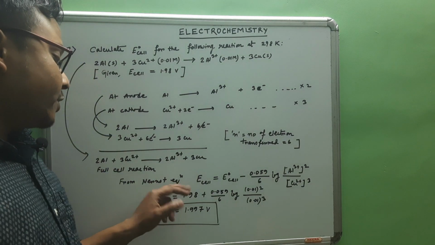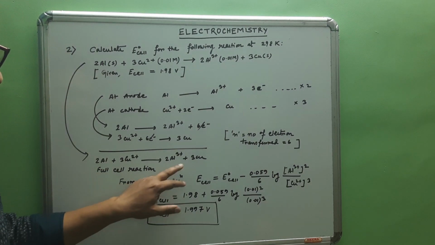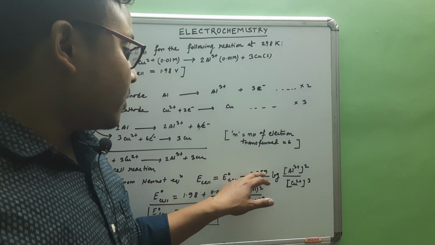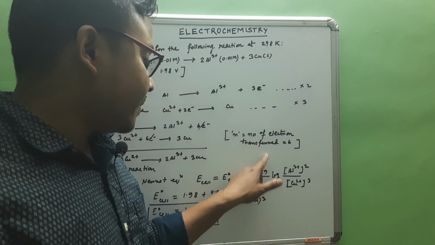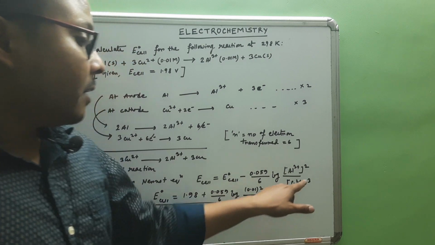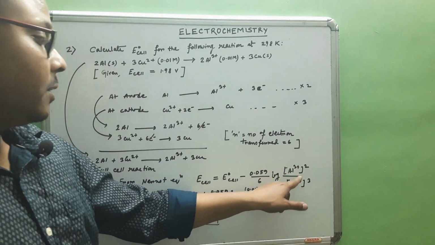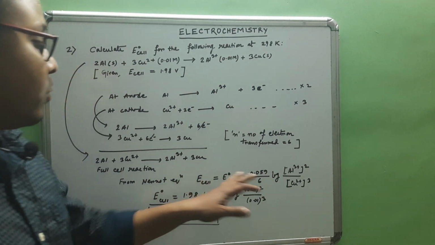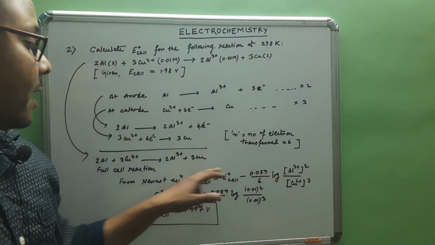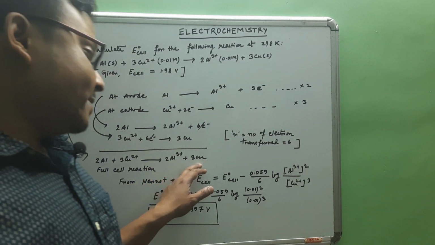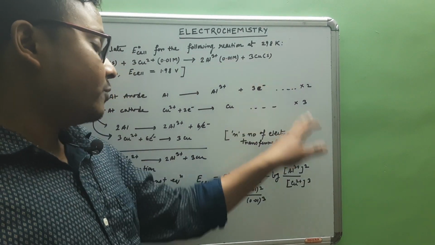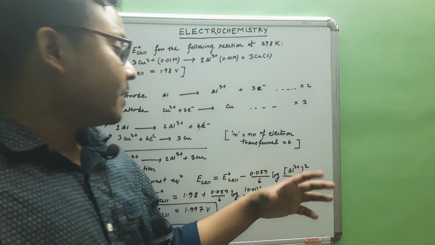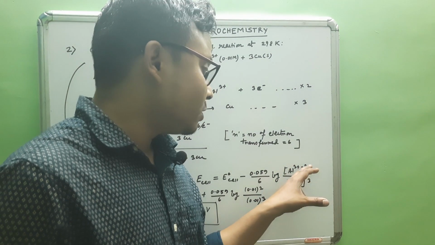Now we apply the Nernst equation on this full cell. E cell equals E0 cell minus 0.059 by 6, where 6 is the number of electrons transferred, into log of product by reactant. On the product side, along with aluminium, Cu is also present, but Cu is in solid form, so we omit it, and we raise the concentration of Al triple plus to the power 2, because its stoichiometry is 2.